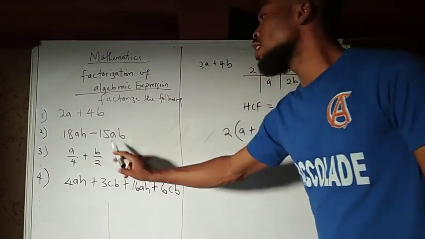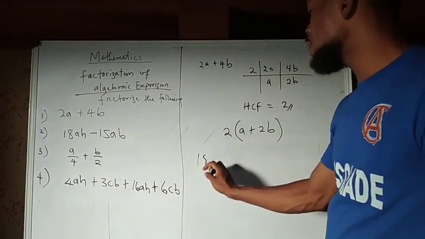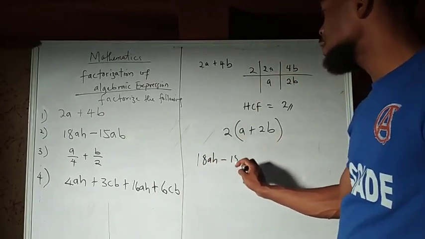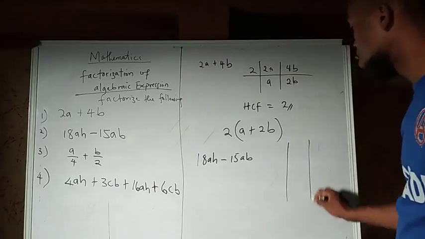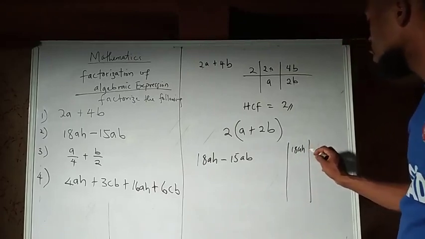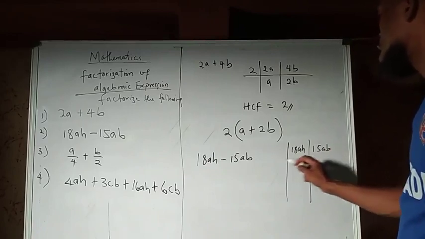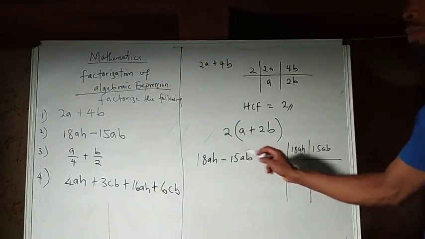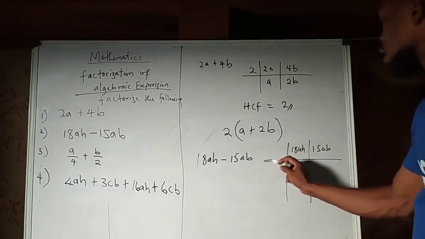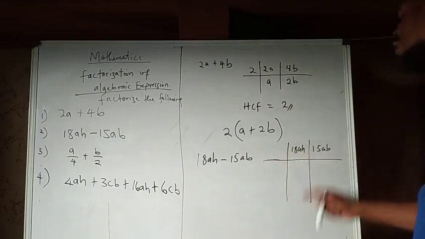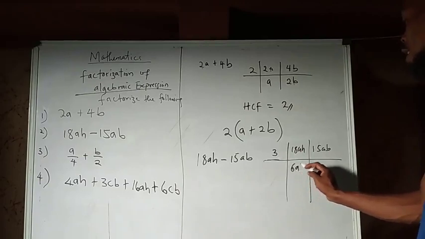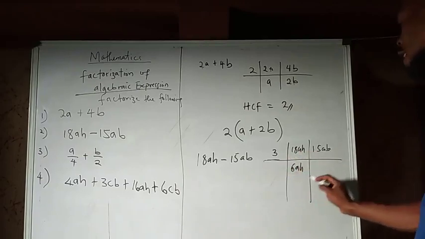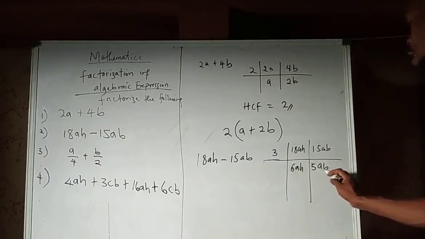Now, let's also factorize this. Let's say I have 18ah minus 15ab. I'm just going to look for the highest common factor of 18ah and 15ab. There's no need to worry about the negative sign. What can I use to divide 18ah and 15ab? I can use 3. 18ah divided by 3 gives me 6ah, and 15ab divided by 3 gives me 5ab.